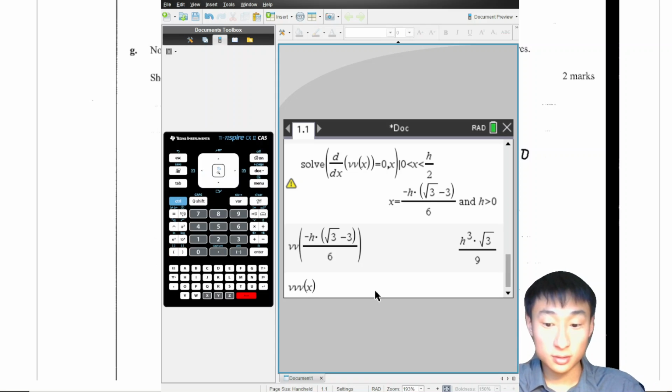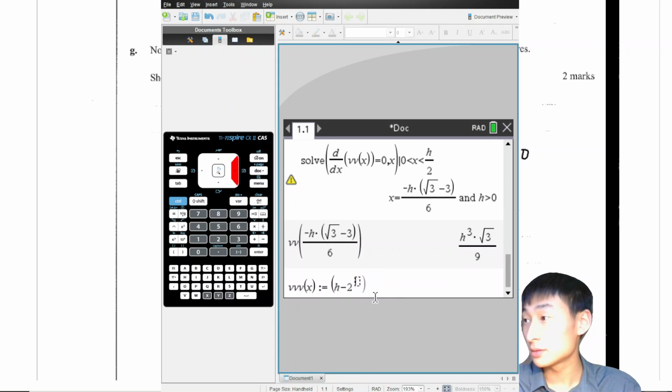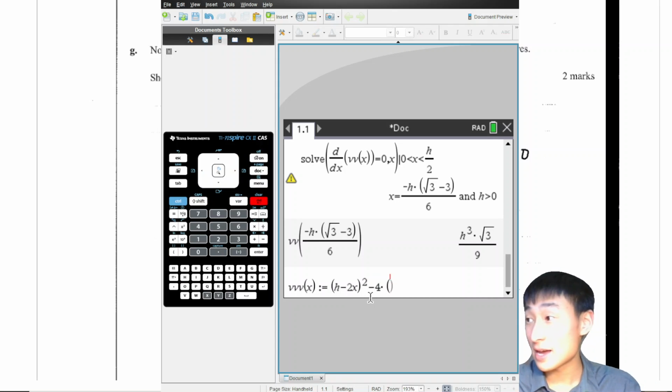V'(x) is equal to h minus 2x squared minus 4x times h minus 2x.